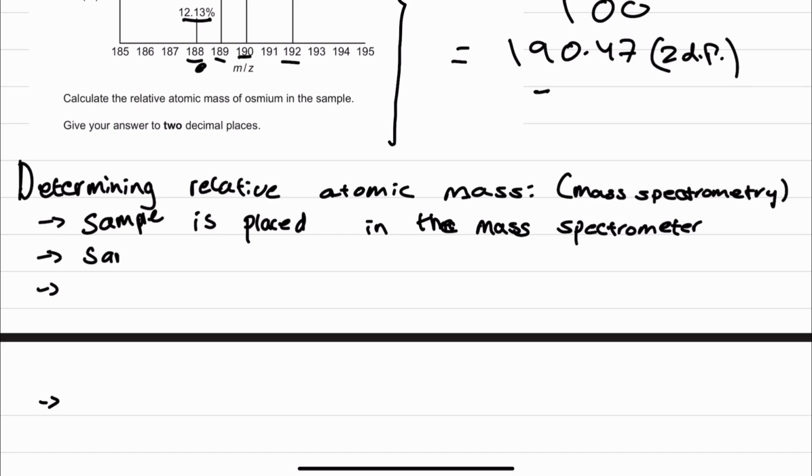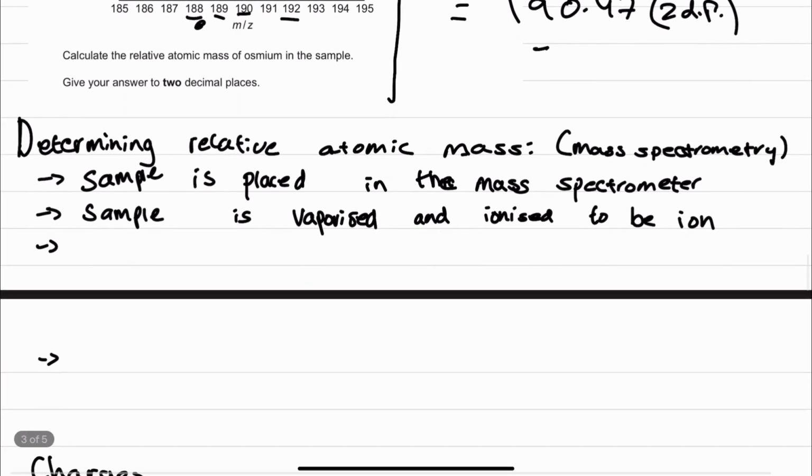Then the sample is vaporized and ionized to be ions, right? So you have the sample, you want to put it into a mass spectrometer. What you do is you put that sample in the mass spectrometer, and then you vaporize that sample, and then you ionize it, right? So now it's become an ion, so it's positively charged, right?